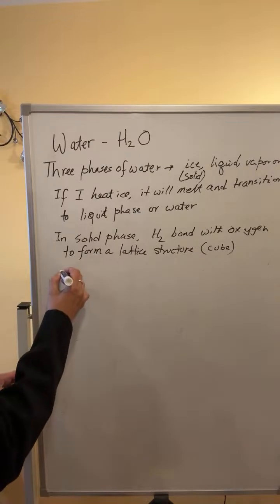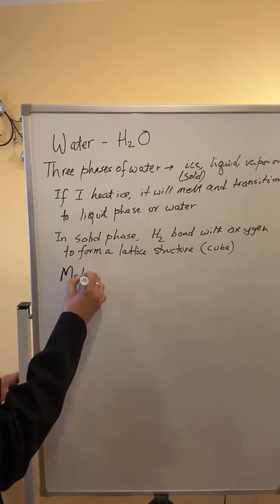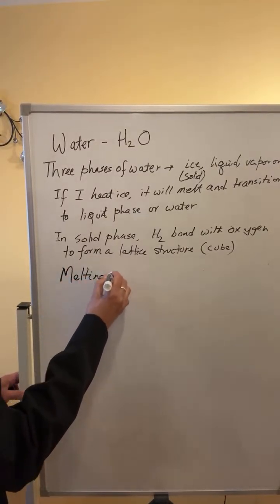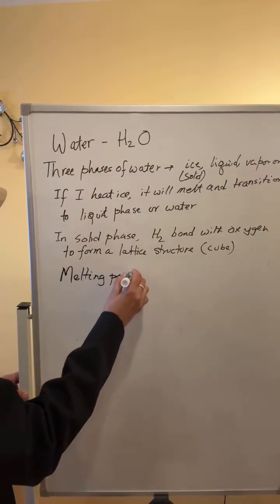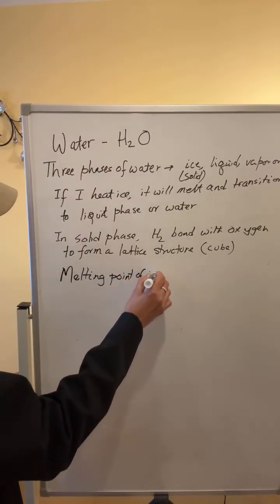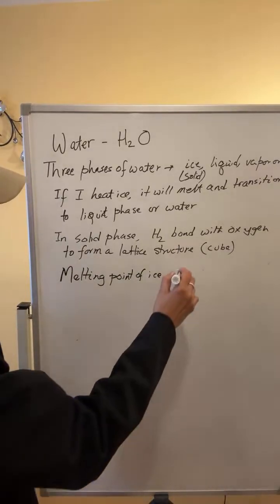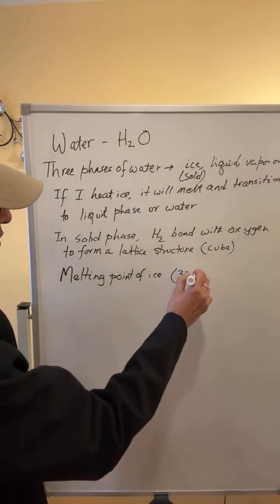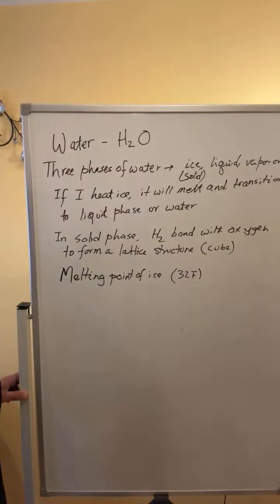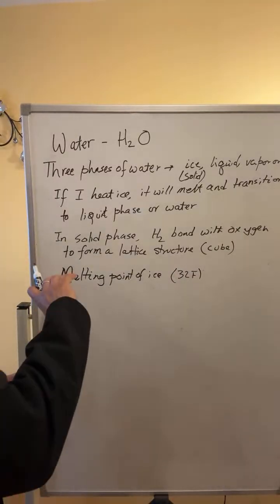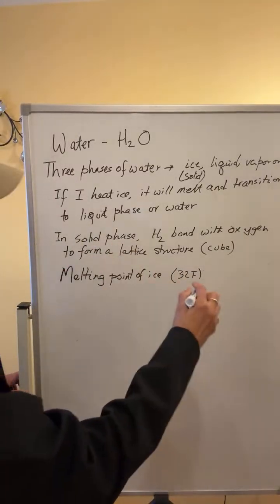Now we all have heard about the melting point. The melting point of ice is 32F. This is where ice will transition into water.